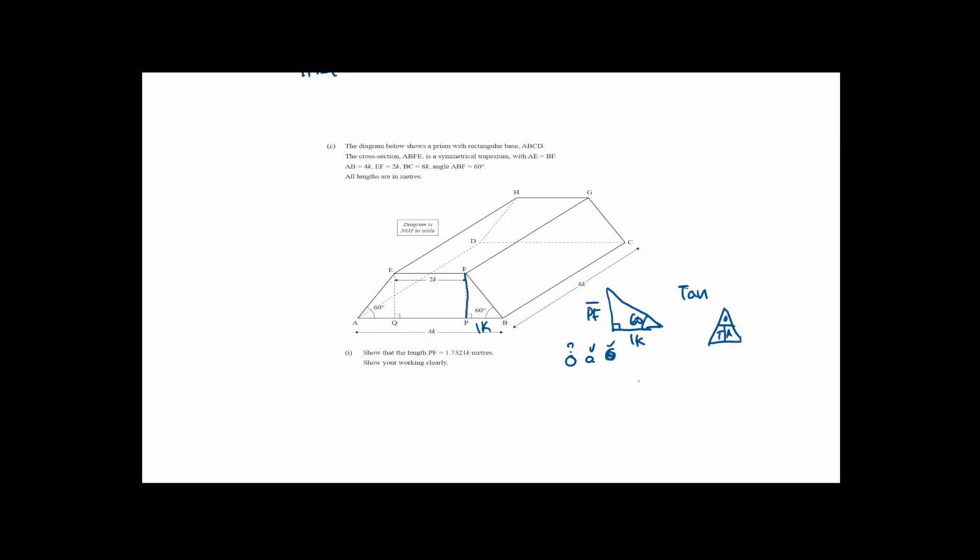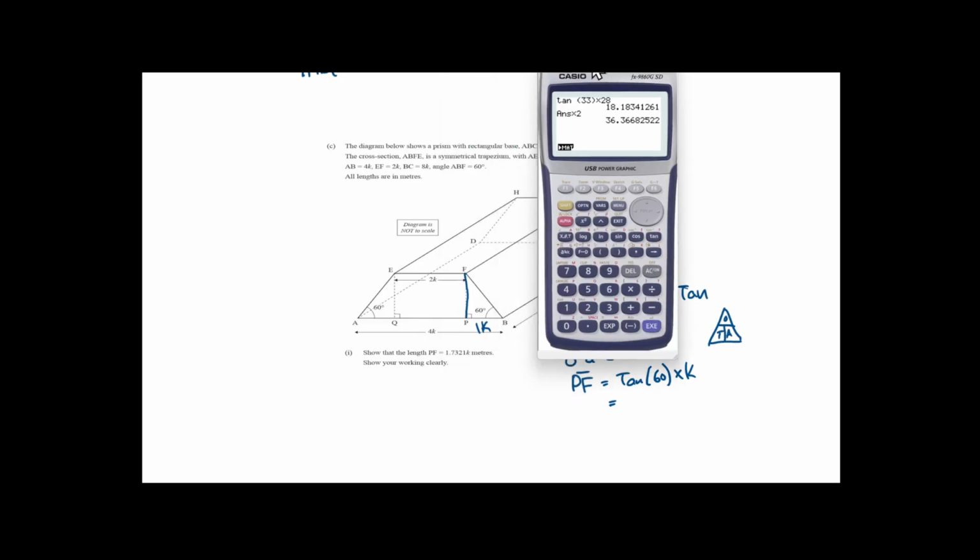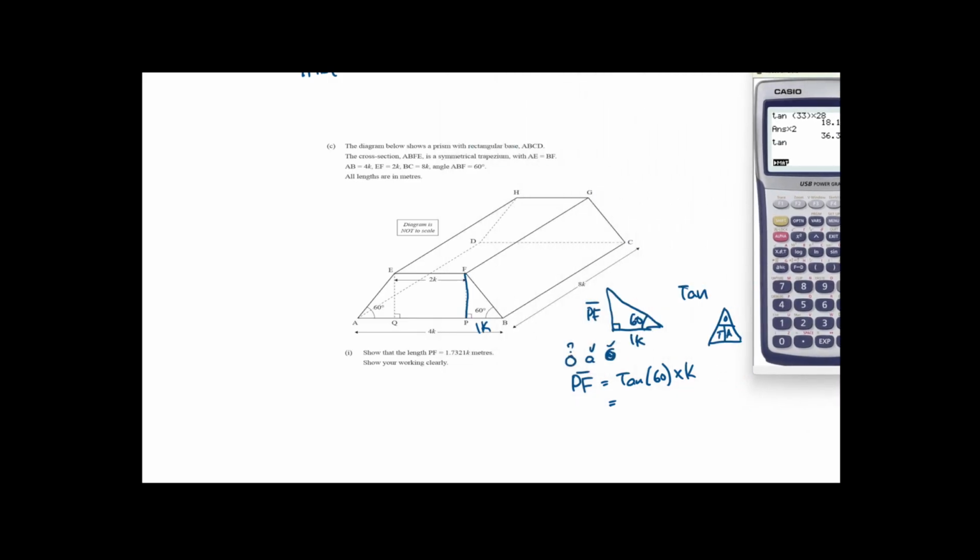So it's going to be tan of 60 times K. So PF is going to be tan of 60 times K. I think tan of 60 is square root of 3, from memory. I think it's one of those special ones you're supposed to remember. Yes, I think that's square root of 3.